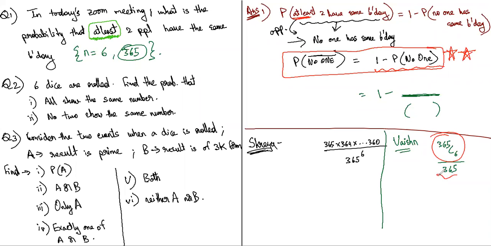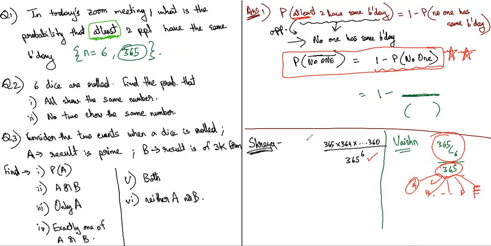You understood what the experiment is? Yes sir. Experiment is where a person is getting a particular day as his birthday. But 365 is not addressing every person. If you have A, B, C, D, then how are you looking into every individual? He also has 365. Every person has 365 options. So the answer will be 365 to the power 6.